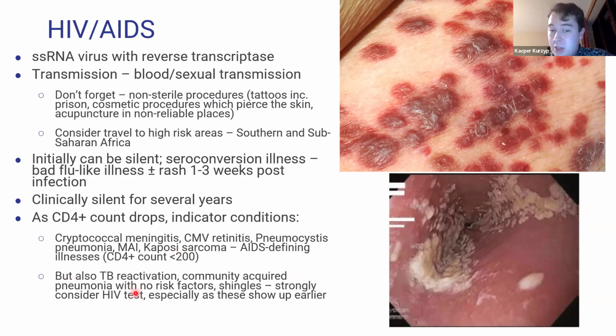But reactivation of TB, as I've mentioned, community-acquired pneumonia with no other risk factors, and shingles reactivation are your possible HIV conditions where you should strongly consider an HIV test, especially as they show up much earlier, before the patients develop AIDS.